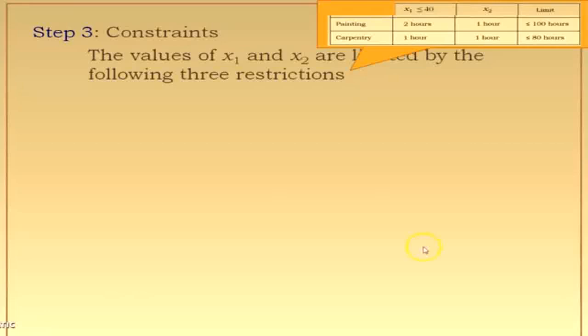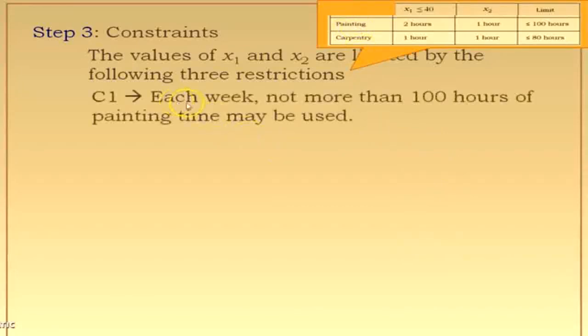The first constraint is the painting hours. Each week, Kinderwood cannot use more than 100 hours of painting time. Therefore, the function of this constraint is 2x1 plus 1x2 less than or equal to 100.